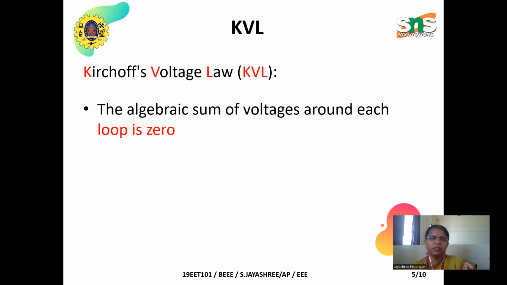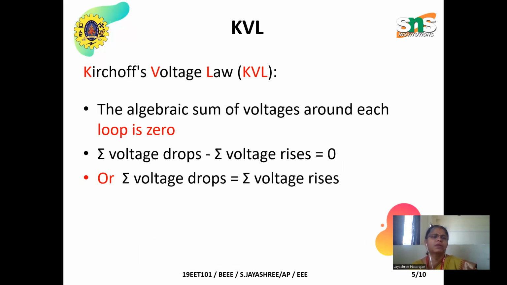Then what is Kirchhoff's voltage law? According to Kirchhoff's voltage law, the algebraic sum of voltages around each loop is zero. First, what is a loop? If you take a circuit, a closed path in the circuit, we call it a loop.